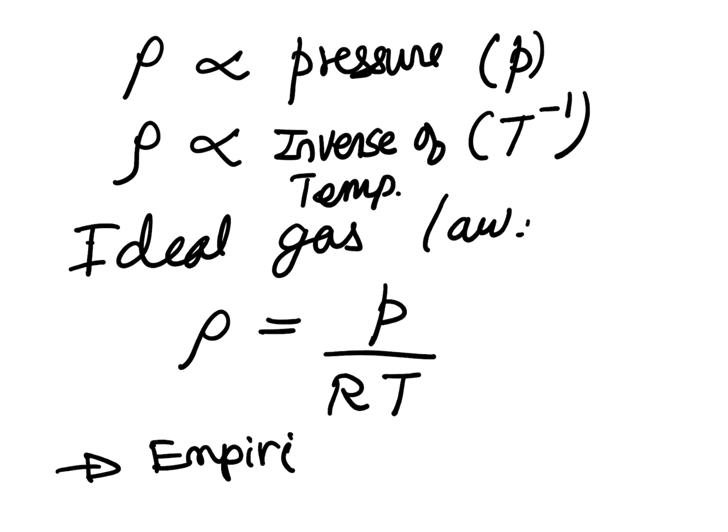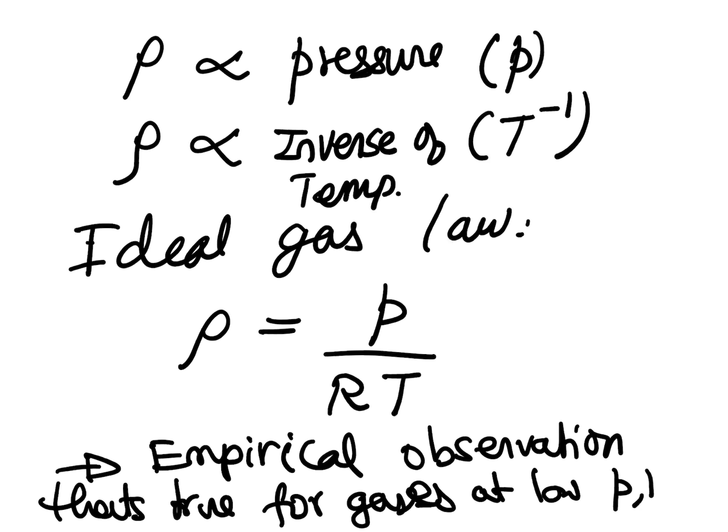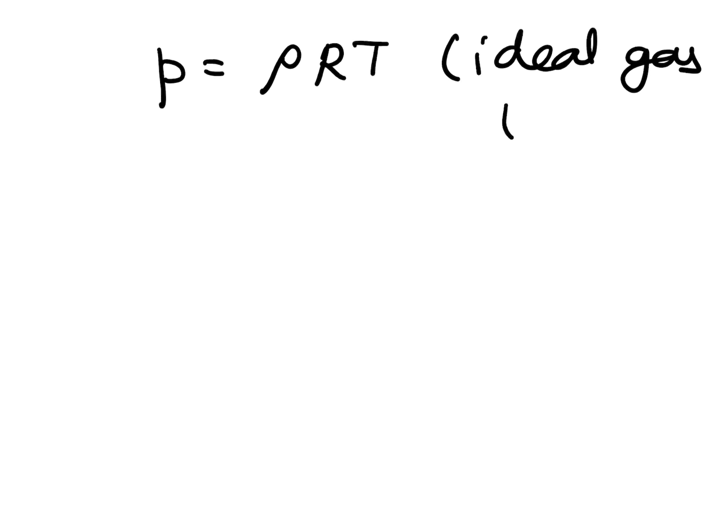It's an empirical observation, empirical meaning it was experimentally found out. It's not a basic law of nature. It's an empirical observation that's true for gases at low pressure and high temperature. You would have seen this in thermodynamics also. P equals rho R T is commonly the form we use. Ideal gas law or ideal gas equation.